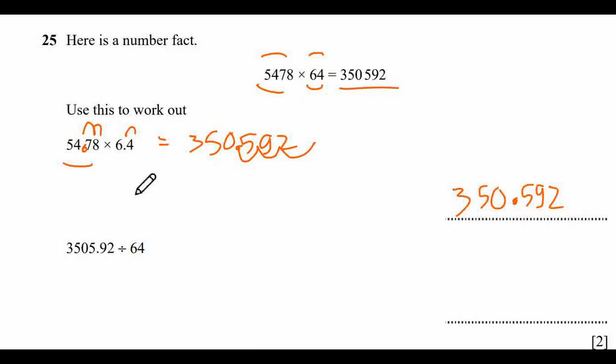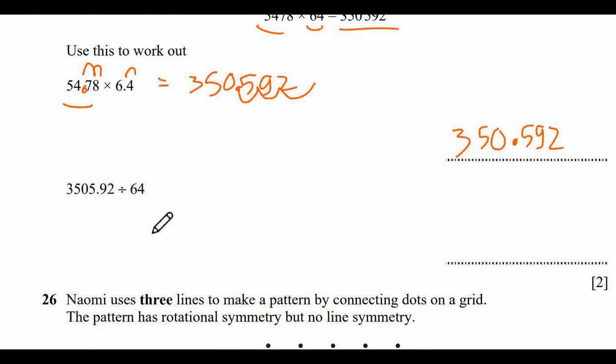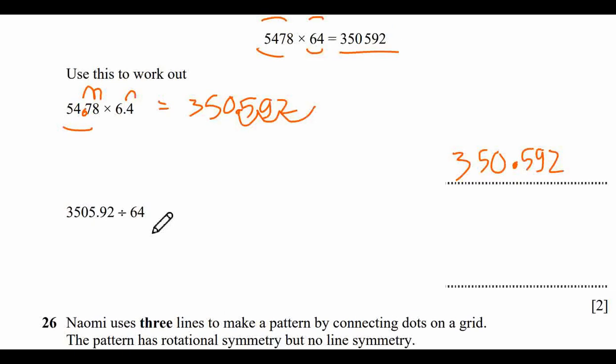Alright, next. 3505.92. So in here there are another 2 decimal places. In here there are no decimal places. Divided by 64. So it's the same. If there's no decimal place, the answer is supposed to be 5478.